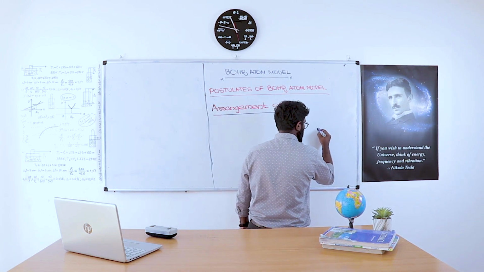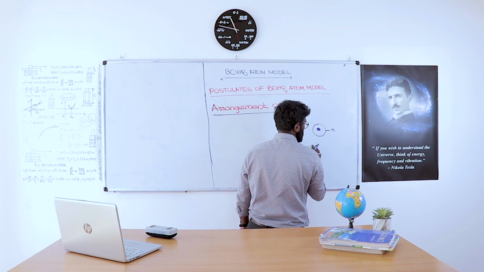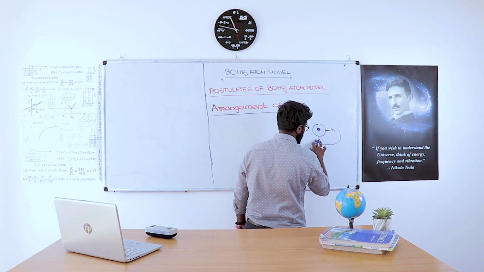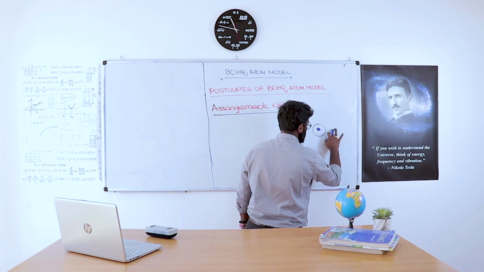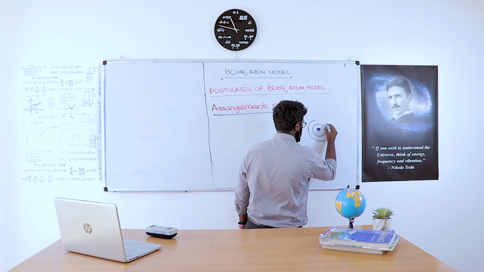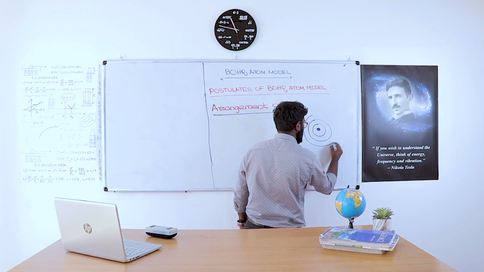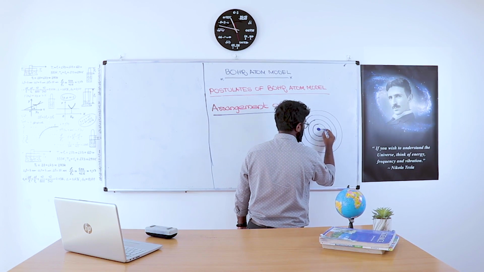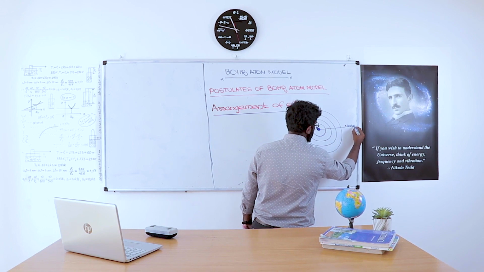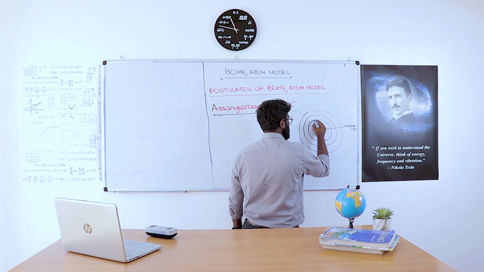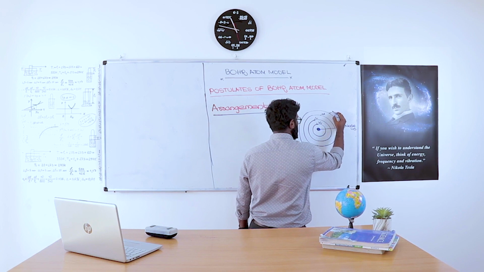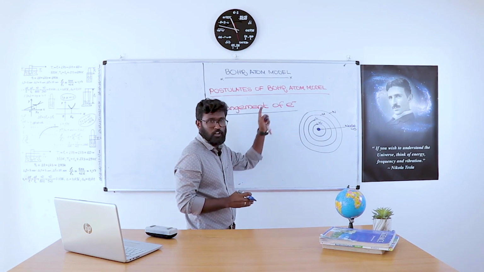In the center there is the nucleus, and around the nucleus the first orbit is called K, the second orbit is called L, the third orbit is called M, and the fourth orbit is called N. The nucleus consists of protons and neutrons. This is the model of the atom.